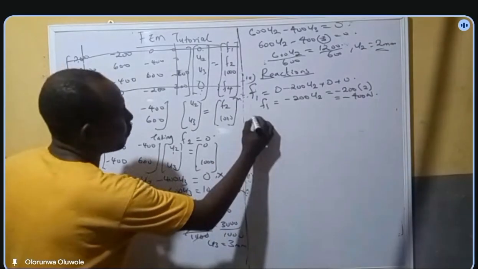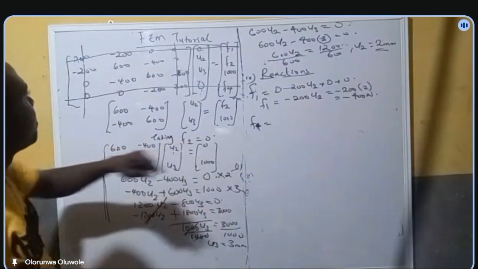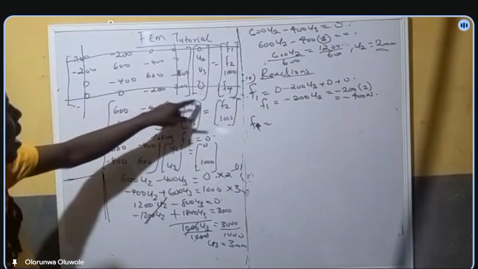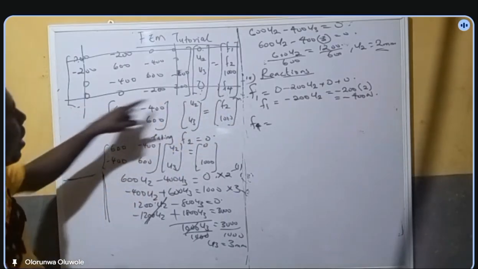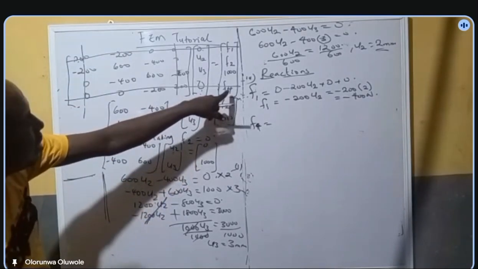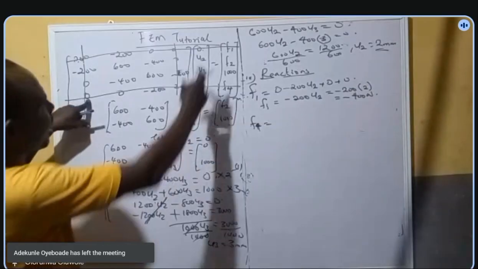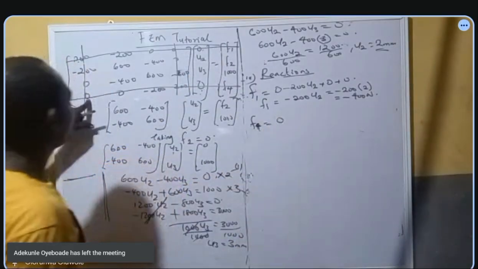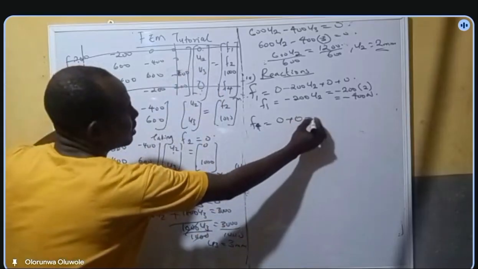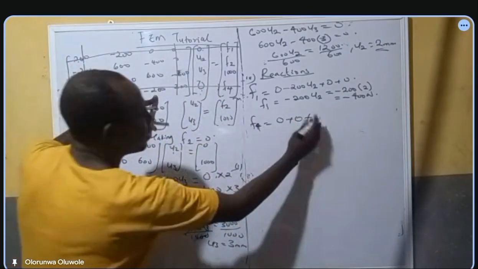Okay, now F4. So F4 will be for the last row, since this is the last value there. That is 0 times 0 here is 0, plus 0 times U2 is 0, plus minus 200 times U3.